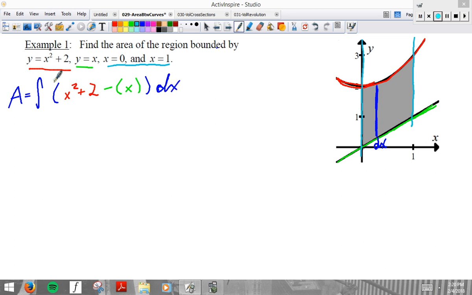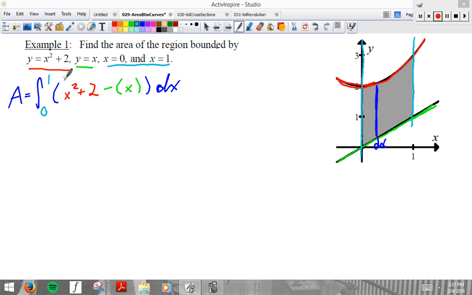How do we get the bounds of my definite integral? Well, we would start counting these slices at the y-axis, at x equals 0. x equals 0, another way to remember it, would also be the leftmost x value. And we would stop counting these slices at x equals 1, the rightmost x value.